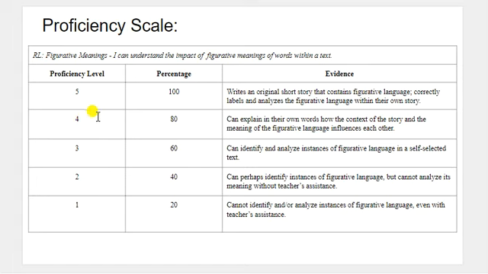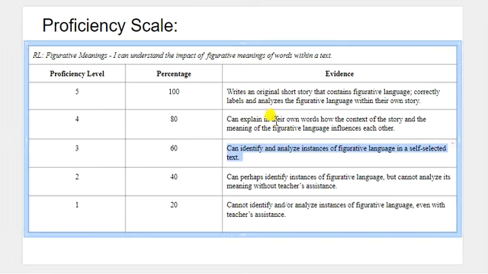To reach a 4 and to get a B, not only can you do that, but you can also do this. You can explain in your own words how the context of the story and the meaning of the figurative language influence each other. And there I will demonstrate how that works in a video.